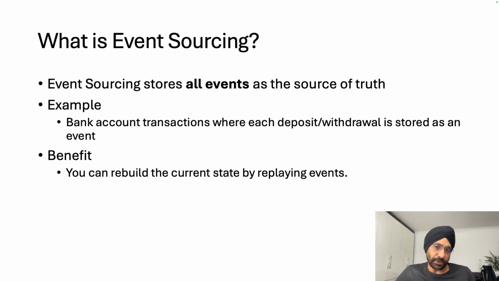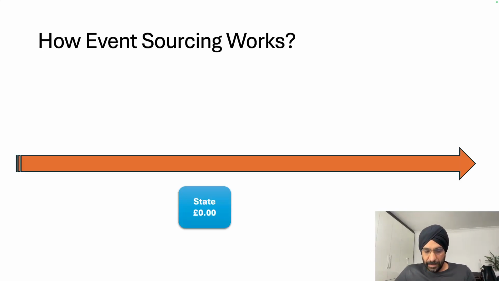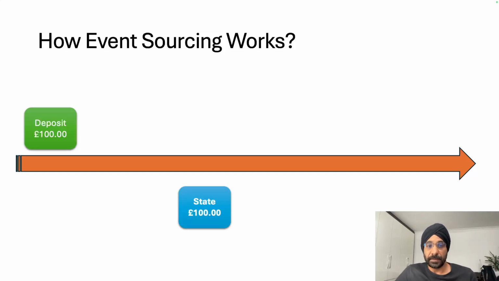Let's again try to understand this through a visual. Let's say I have a banking system, and my current state is 0, i.e. I don't have any deposit right now in my bank account. As we start to issue transactions, let's say I made a deposit of £100. As you can see, now the state is 100.